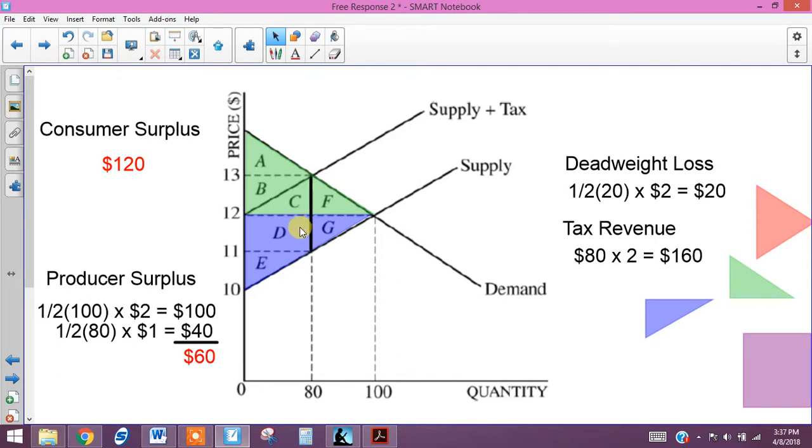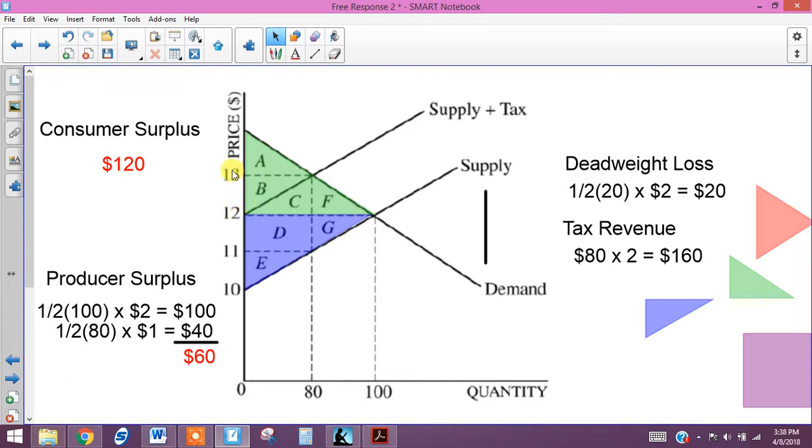Okay, so now if we look at the price before the tax is imposed, right here, which is 12, and then once the tax is imposed and the supply curve shifts to the left, we end up with a new equilibrium right here. We can see that the price has only gone up by $1.